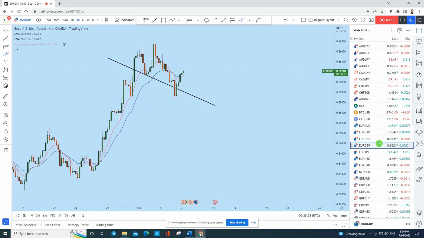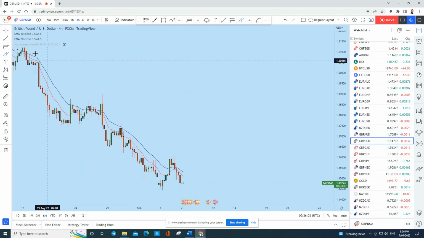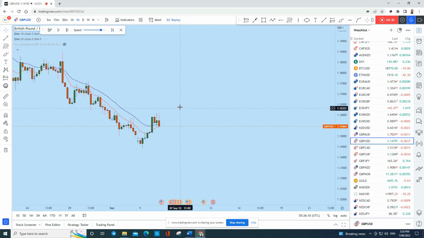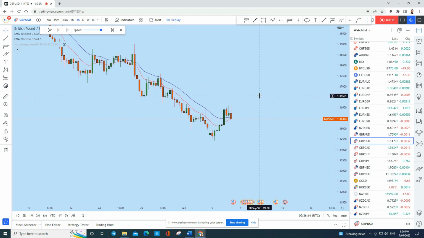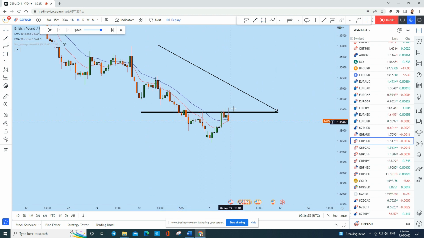Once I see a pair, for example, British pound US dollar, forming this candle on the 4 hour time frame, I know that after the closing of this candle, because this is a downtrend and the price is being rejected from this important level of resistance, I could find a trading opportunity in that pair, and this is a highly volatile pair. I'm going to mark it.